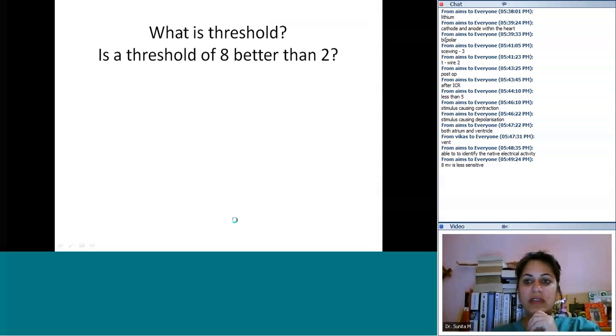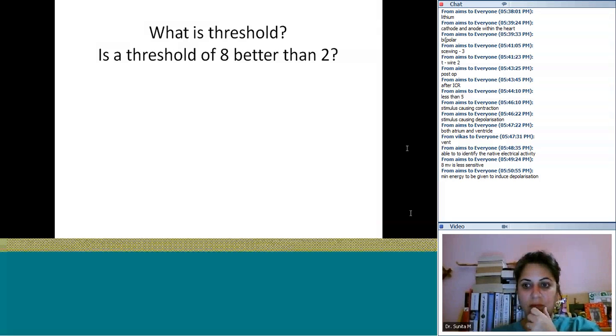So we'll move to the next concept, which is threshold. So what is threshold? What is threshold? Okay, so it's the minimum energy to be given to induce depolarization, or to do what?